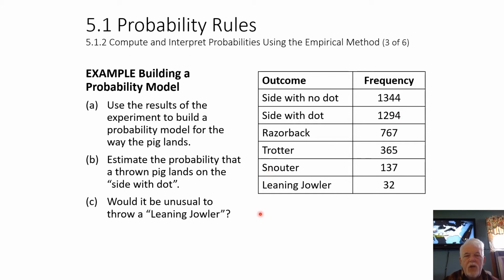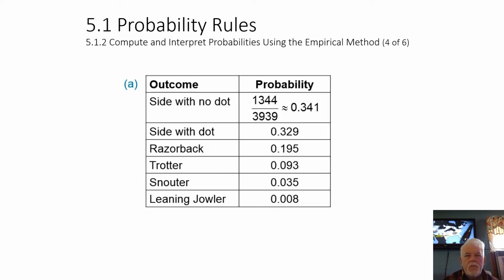And they ask, is it unusual to throw a leaning jowler? Well, you divide. These are relative things, so there were 39 tosses, and so these are the probabilities, and you can see that 8 times out of 1,000 you get a leaning jowler, so that is unusual because it's less than 5%.